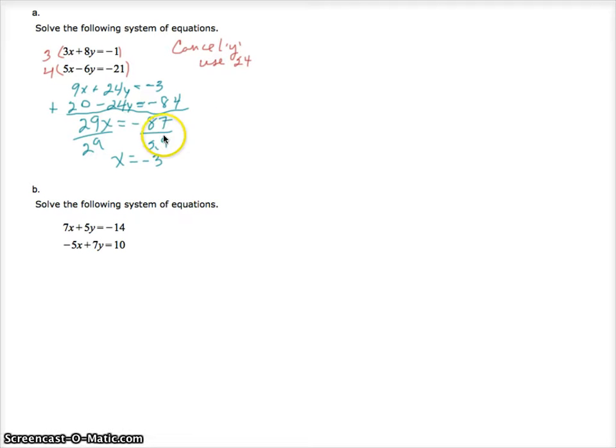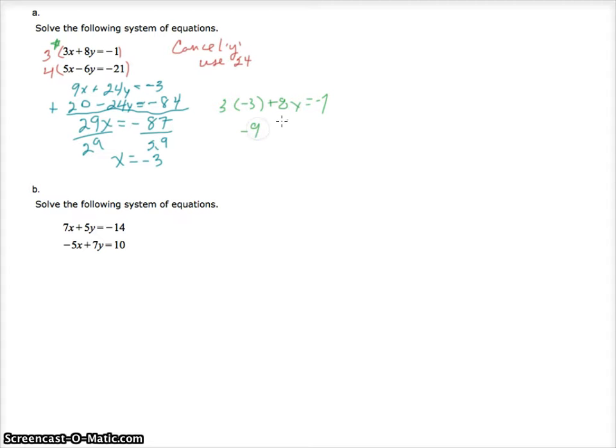I'm going to take my negative 3 and plug it back into one of my equations. It doesn't matter which one I use, it should work out the same. I'm just going to pick the top equation again. 3 times negative 3 plus 8y equals negative 1.